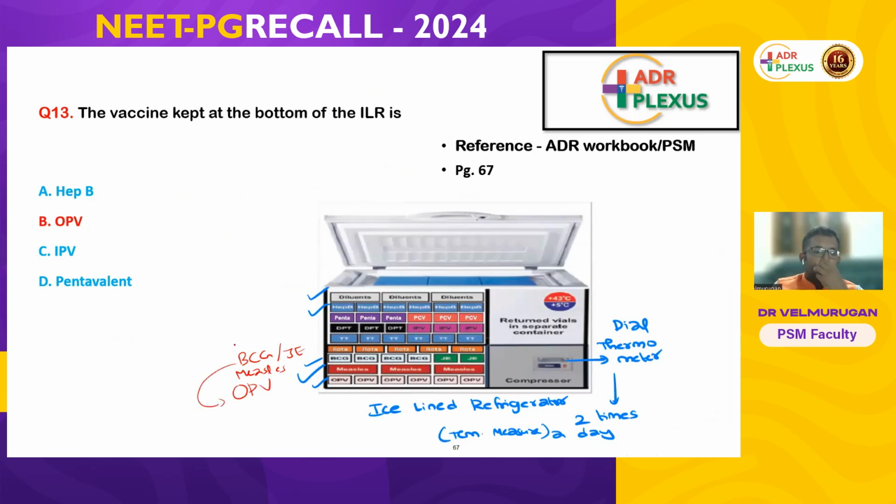Then above will come everything like rotavirus vaccine, TT, DPT, then Penta, hepatitis B. So the vaccine which is kept at the bottom, even in contact with the bottom of the ILR, so that the freezing temperatures will not affect it, is OPV.